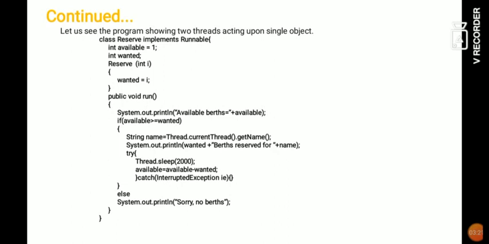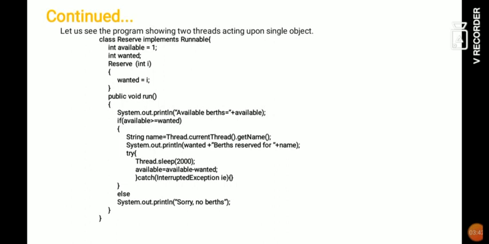Anyhow, thread execution starts with the run method. In the run method, I am using one printf statement to print the available number of berths. If the wanted number of berths is less than or equal to the available berths, or in other words, if the available berths are greater than the wanted berths, then the berth can be allocated for the requesting thread.